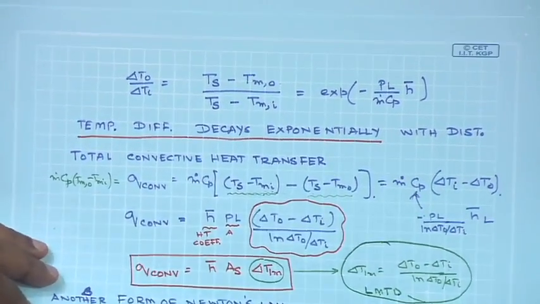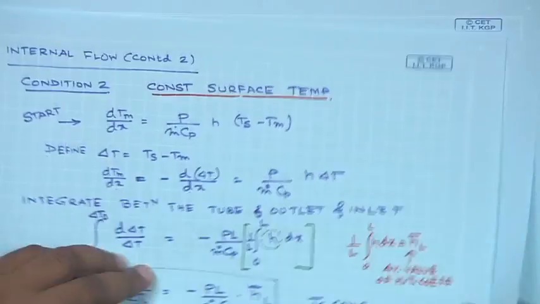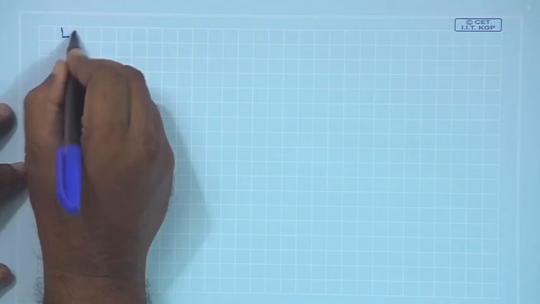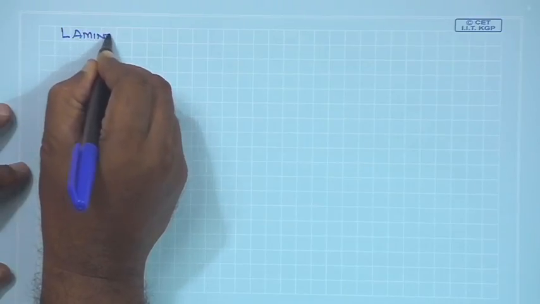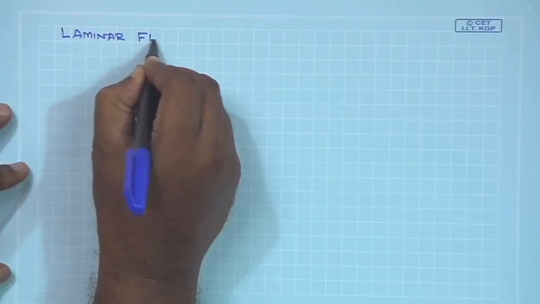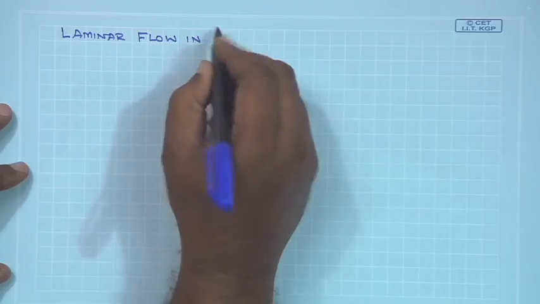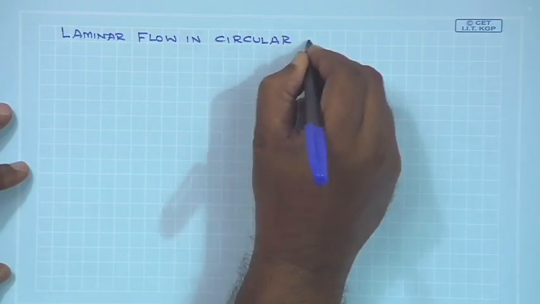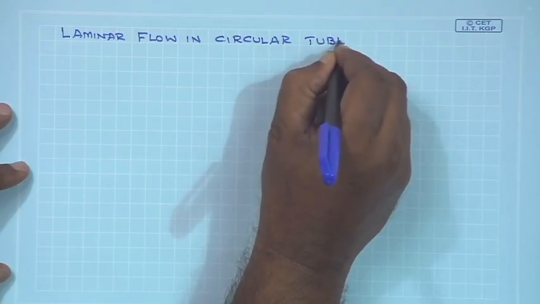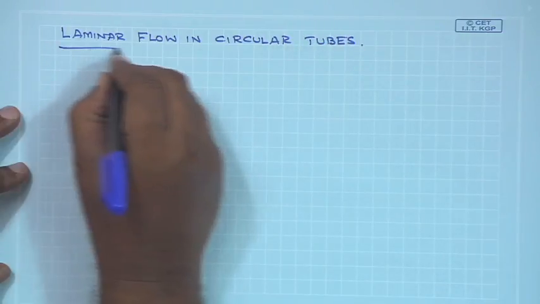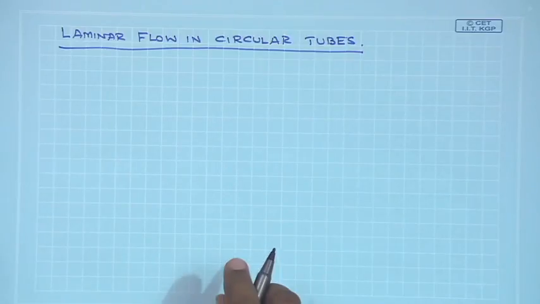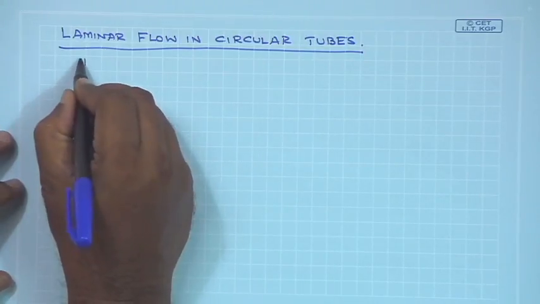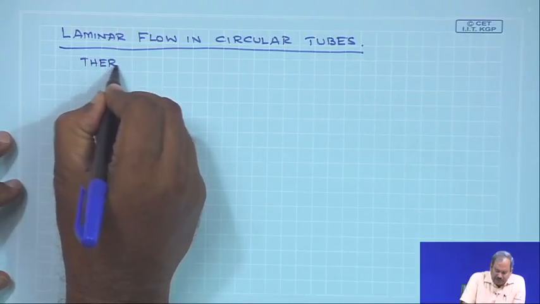It is time for us to now apply this concept to the case of laminar flow in circular tubes. When we talk about laminar flow in circular tubes, we are looking at the thermal analysis of that.